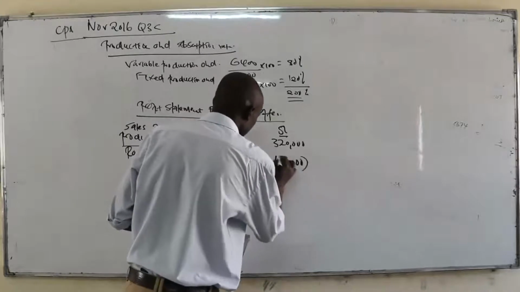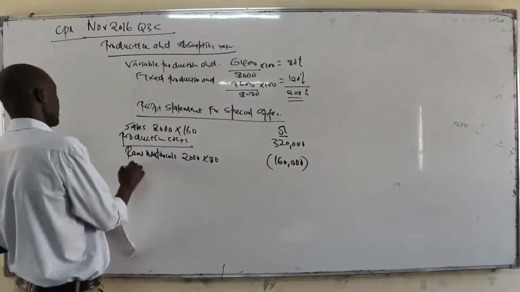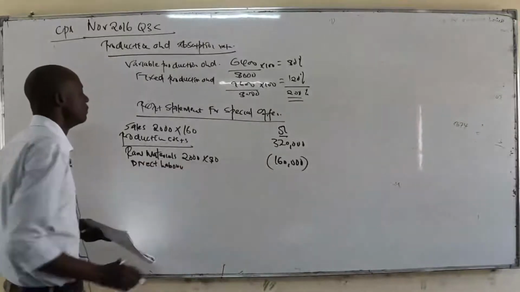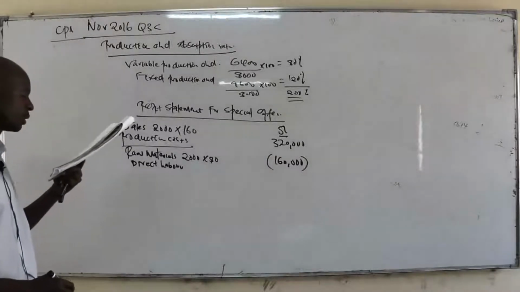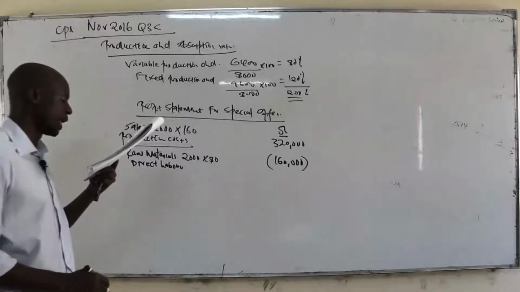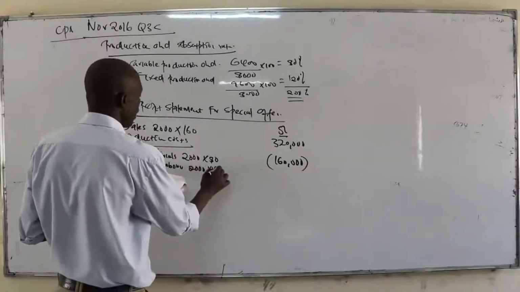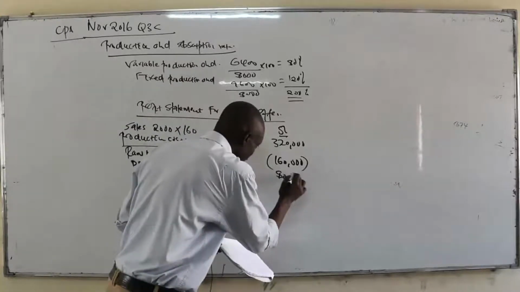You deduct this one. And then there will also be the cost of direct labor. Direct labor is 2,000 units times 40 per unit. How much is that? So this one will be 80,000. So you deduct here 80,000.